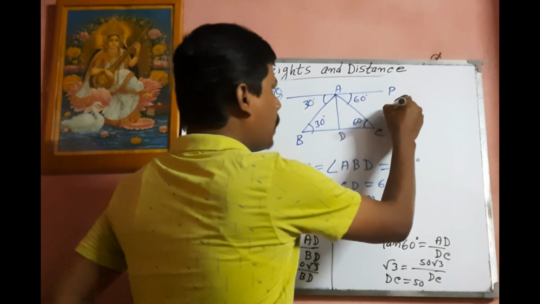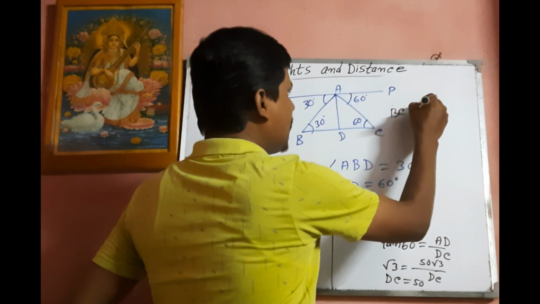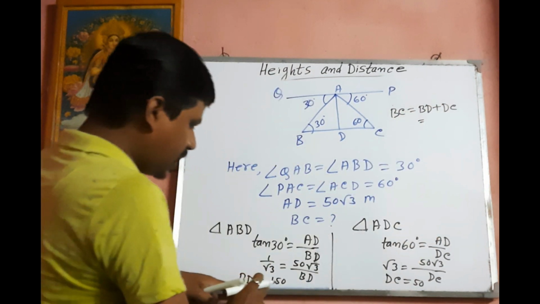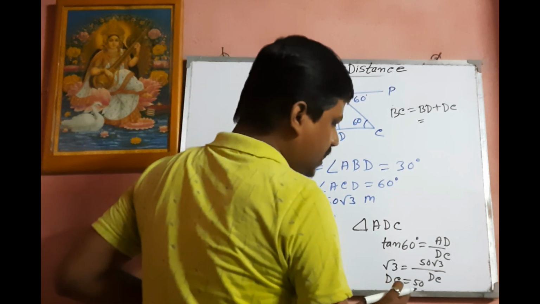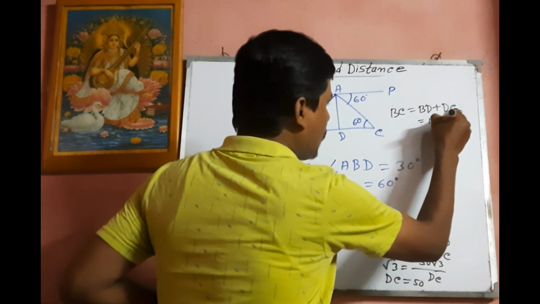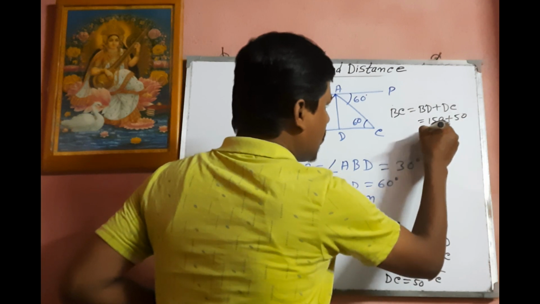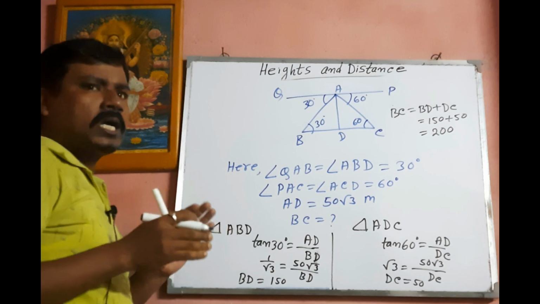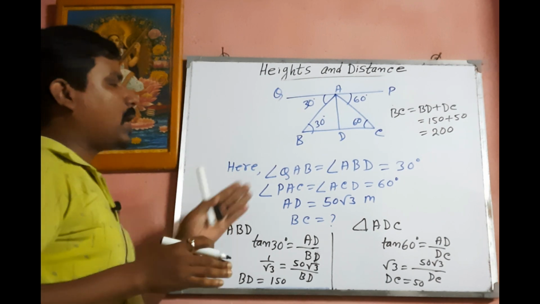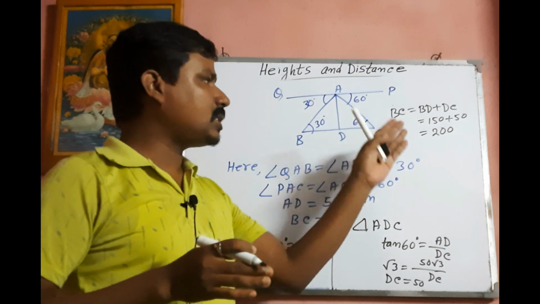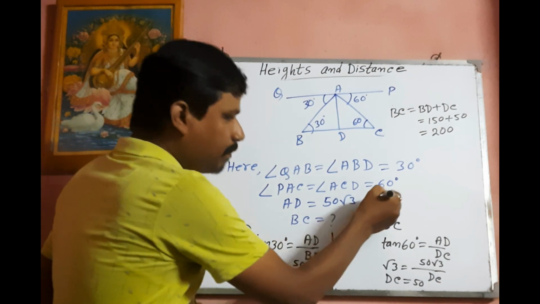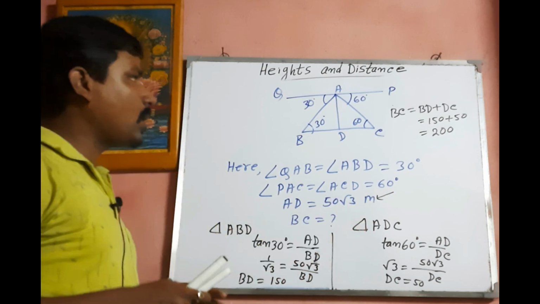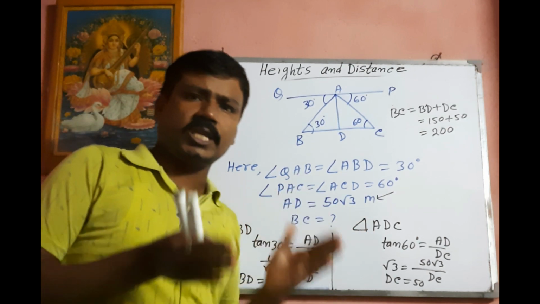So BC is equal to BD plus DC, that is BD is equal to 150 and DC is equal to 50. 150 plus 50, that is 200. So the distance between two points B and C is 200 meter, because the unit here is meter. This is the completion of the second example.